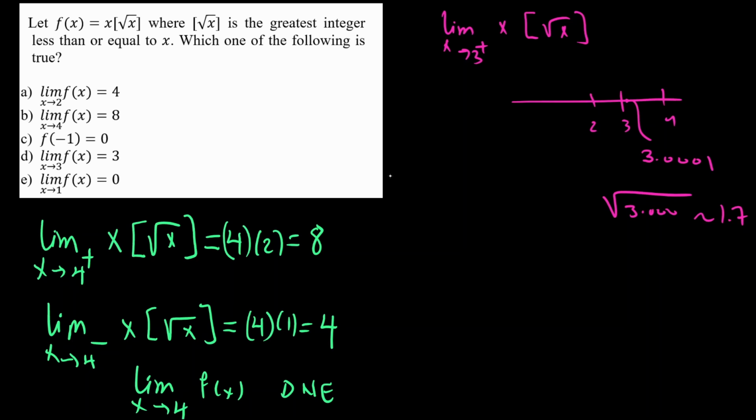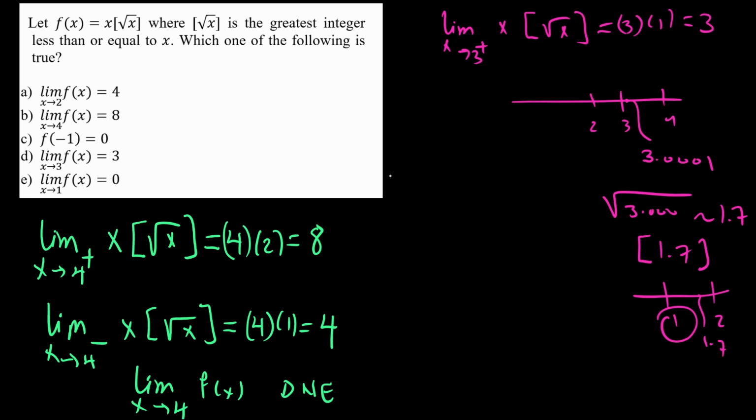Now whether it's 1.7 or 1.71 or 1.69, it doesn't really matter, because I will take the greatest integer of that number, and that number of course is not an integer, so I will pick up the very first integer to its left. Now this is 1.7, which is equal to 1, and therefore this limit is going to be equal to 3 multiplied by 1, and the answer to that is equal to 3.